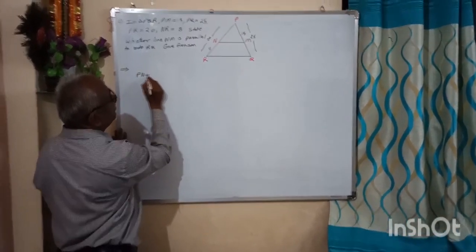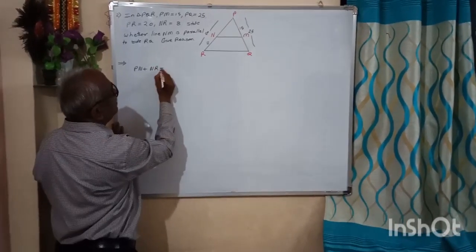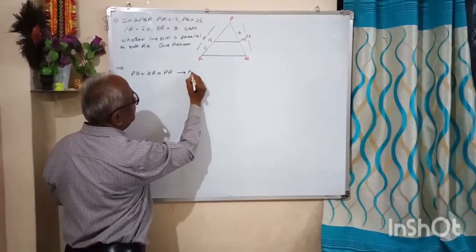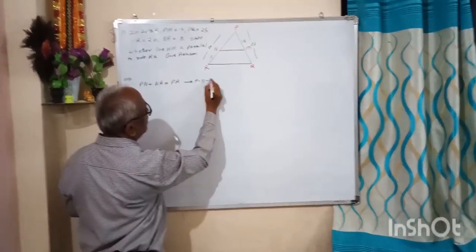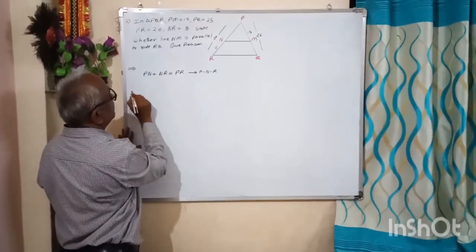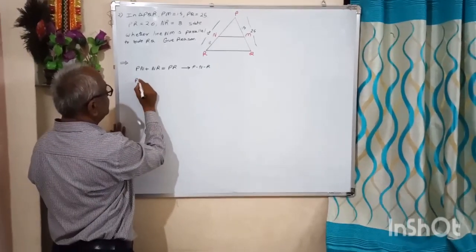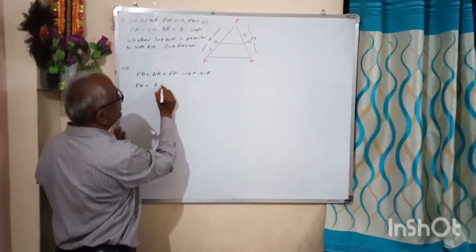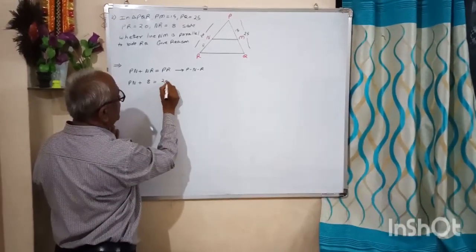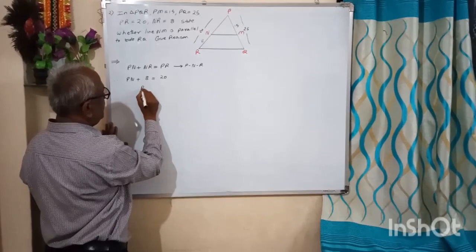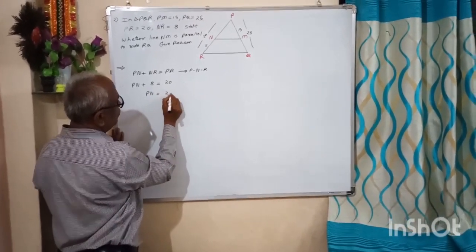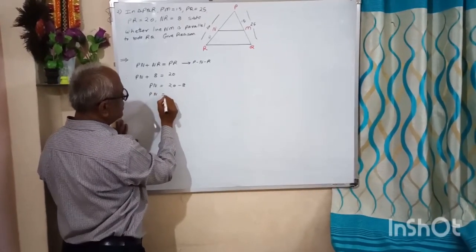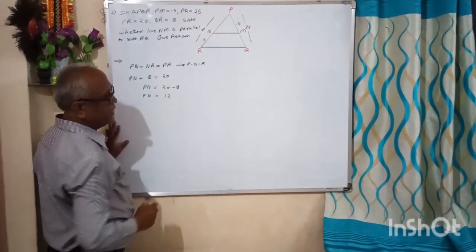For that, PN plus NR is equal to PR, since P-N-R. Therefore, PN we don't know, plus NR, which is 8, is equal to PR, which is 20. Therefore, PN is equal to 20 minus 8, so PN is equal to 12.